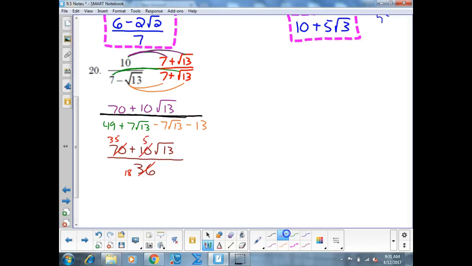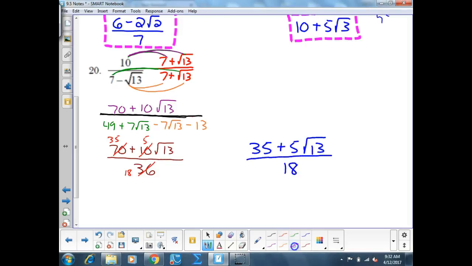And 10 divided by 2 is 5. I have to do it in all 3 spots, not just 2. So then that gives me a final answer of 35 plus 5 times the square root of 13 all over 18.